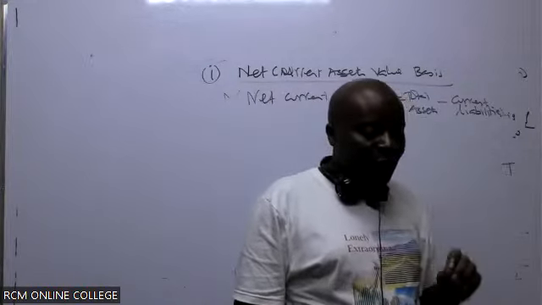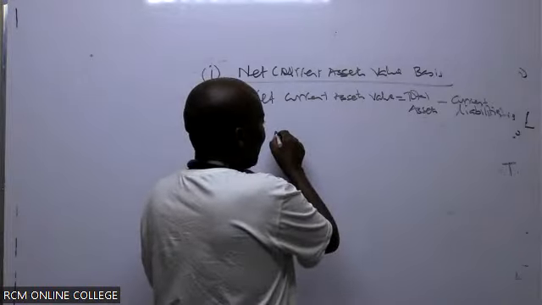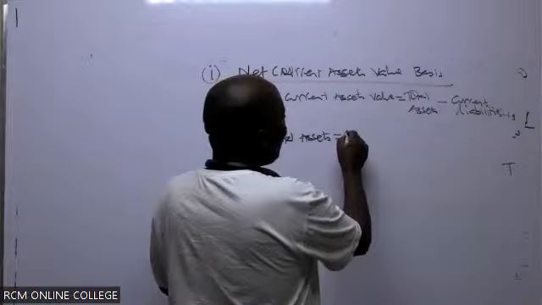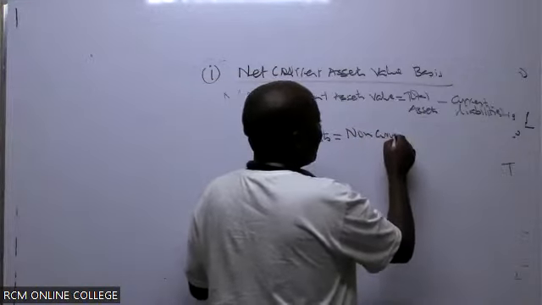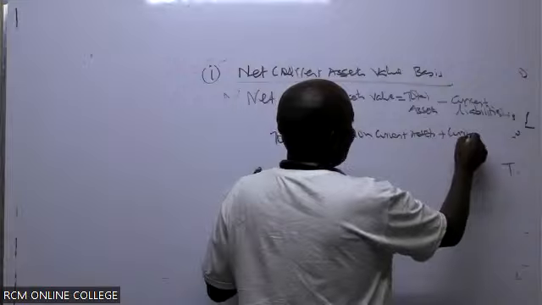Already, if you look at this place, they have given us non-current. How do we get total assets? To get total assets, we normally take non-current assets plus current assets.